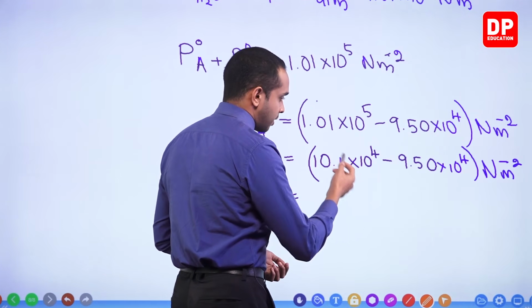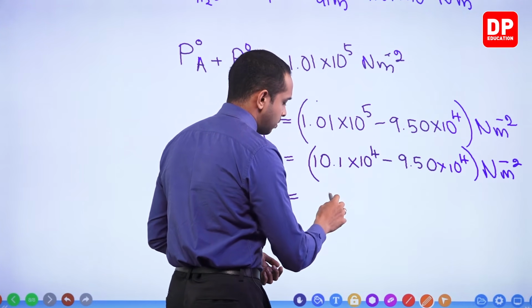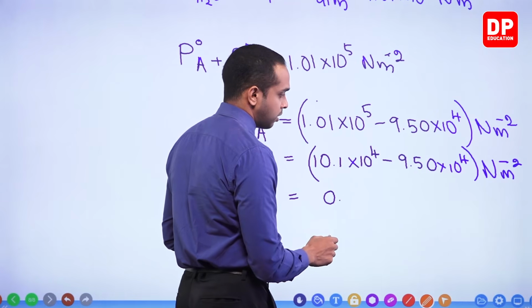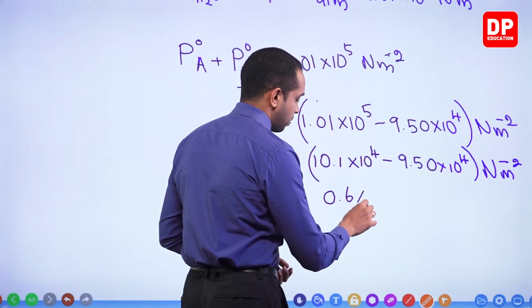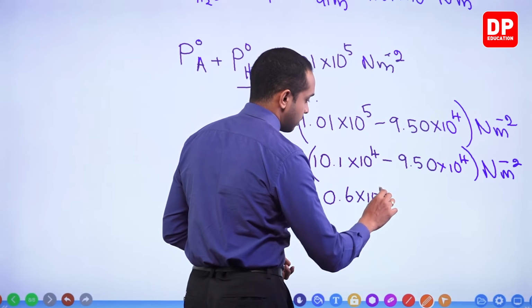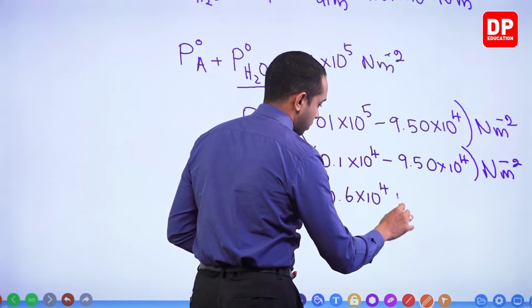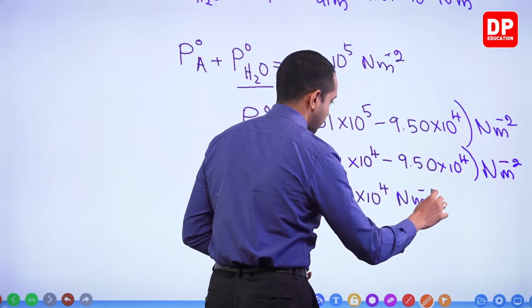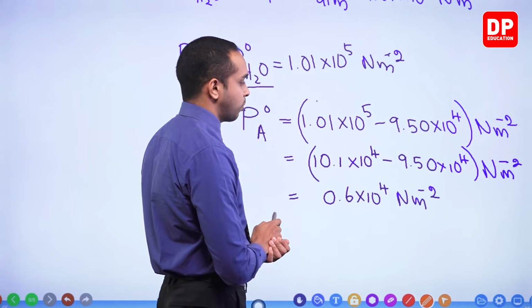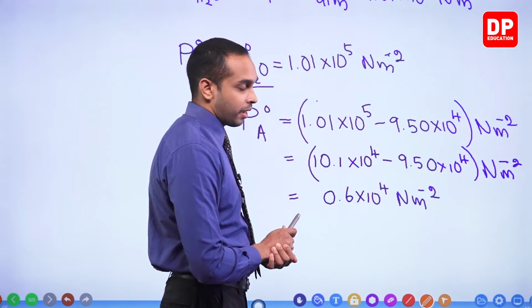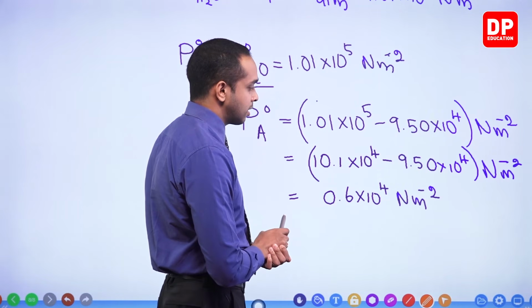So then, students, after that, we can see the answer is going to be 0.6 into 10 to the power 4 Nm minus 2.